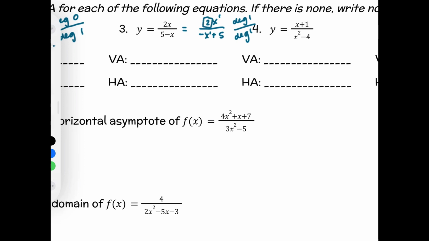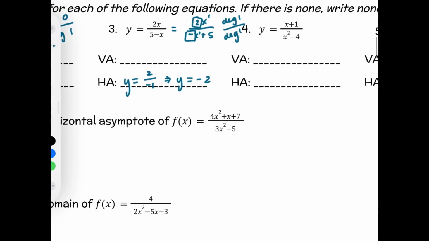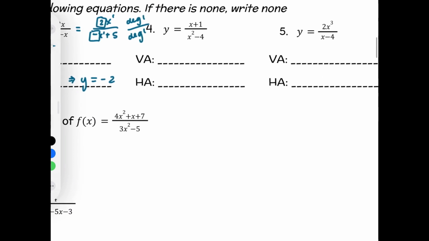On top we have a 2, and on the bottom we have a negative 1. So our horizontal asymptote would be y equals negative 2. Okay, so whenever you have the same degree on the top and the bottom, you take the ratio of the leading coefficients. Make sure you're careful about the leading coefficients.